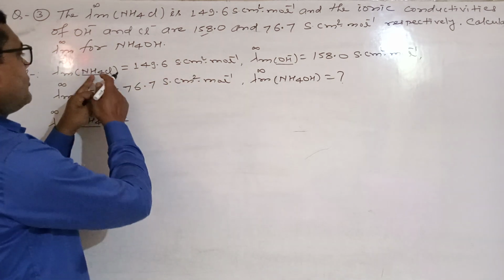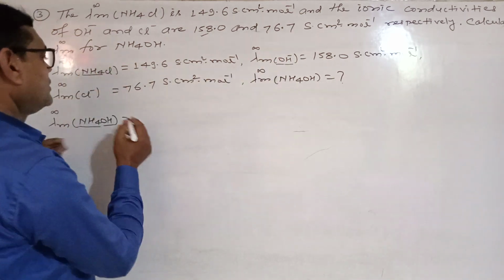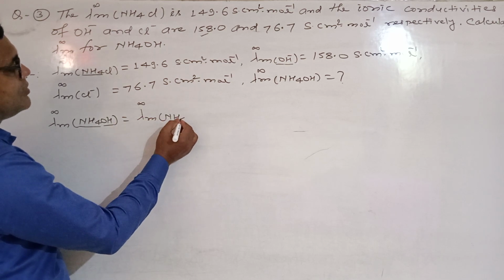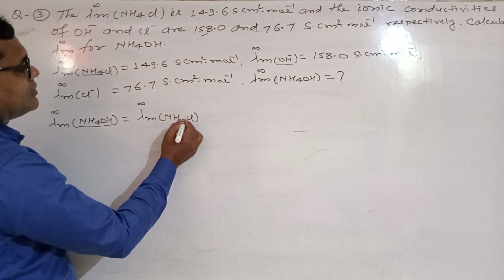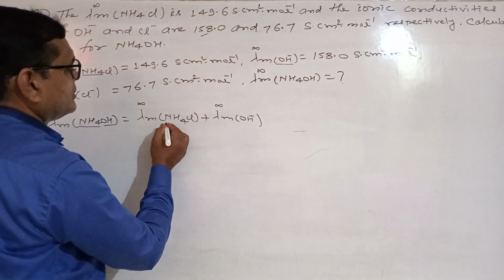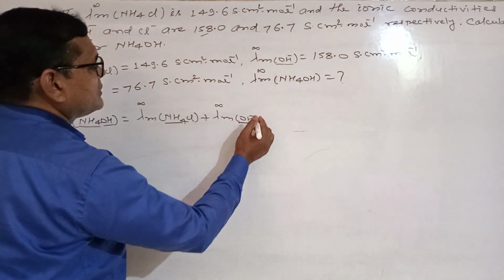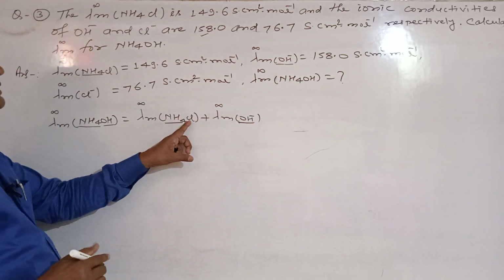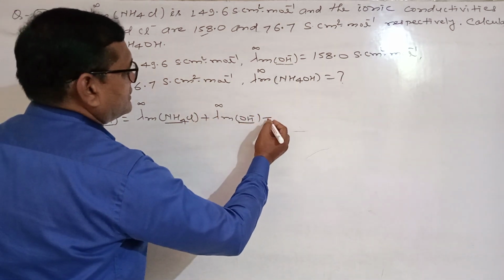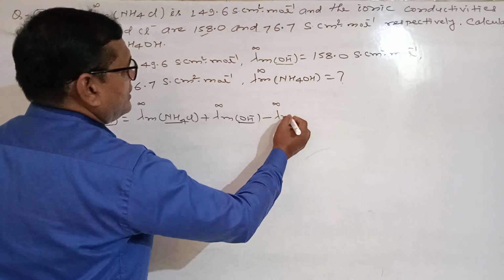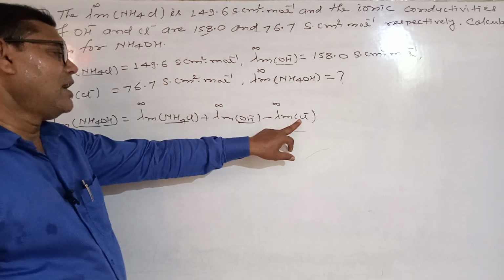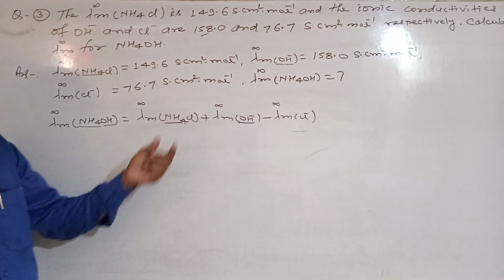We add ammonium ion and hydroxyl ion. Here we write lambda infinity m of NH4Cl plus lambda infinity m of OH minus. Cl is removed from the NH4Cl, therefore we write minus lambda infinity m of Cl minus. This minus indicates the chloride ion is removed from the ammonium chloride.